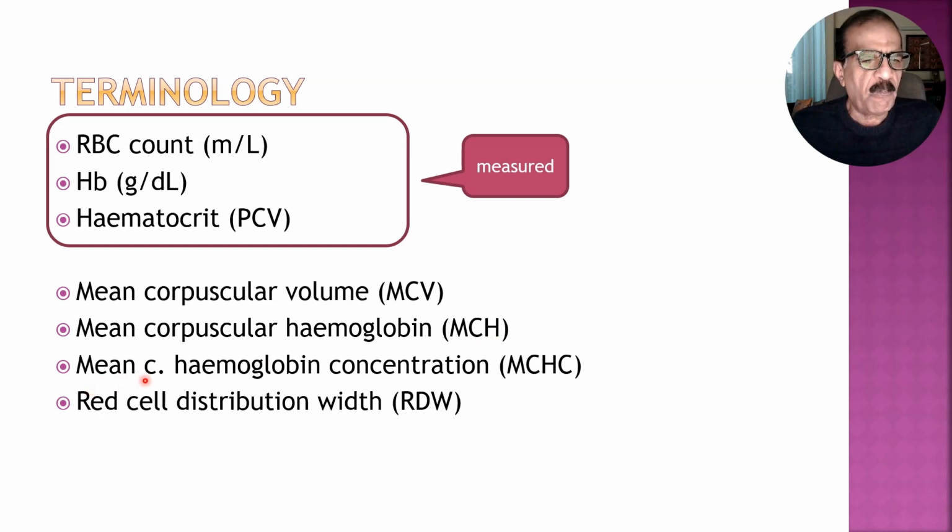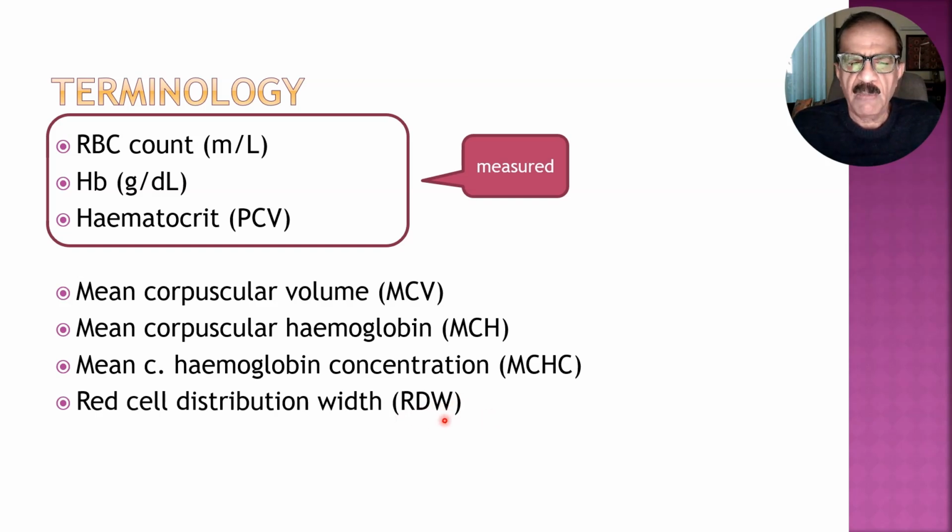And mean corpuscular hemoglobin concentration, this actually measures the concentration of hemoglobin within a cell. You know, sometimes a cell may have the same amount of hemoglobin as normal, but since it is bigger, it may actually have a lesser concentration. And red cell distribution width, this is very important. This will give you the variation in red blood cells.